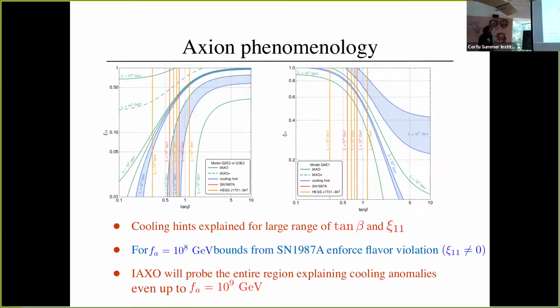Moreover, if we go to F_a of order 10 to 8, then the cooling hint consistent with supernova bounds is this small region of tan beta. So we see that psi11 has to be necessarily different from 0 or 1. So basically bounds from supernova enforce some flavor violation, and it will lead to Higgs physics.